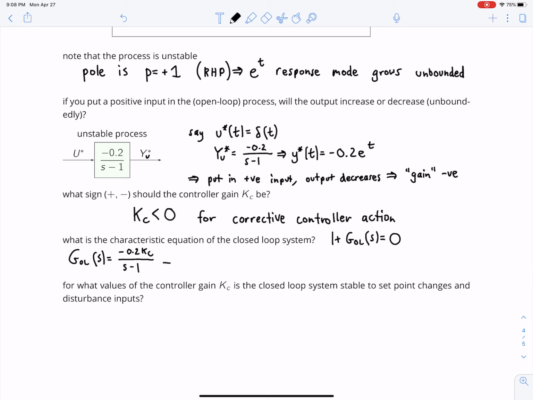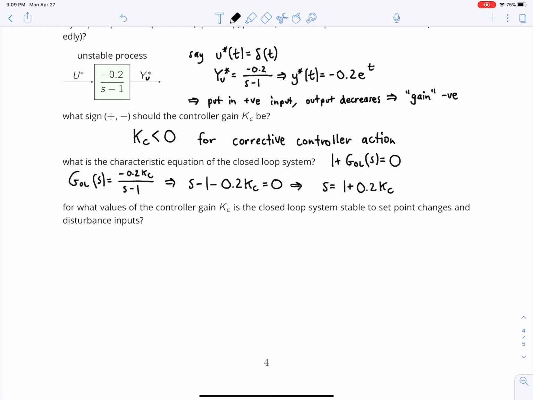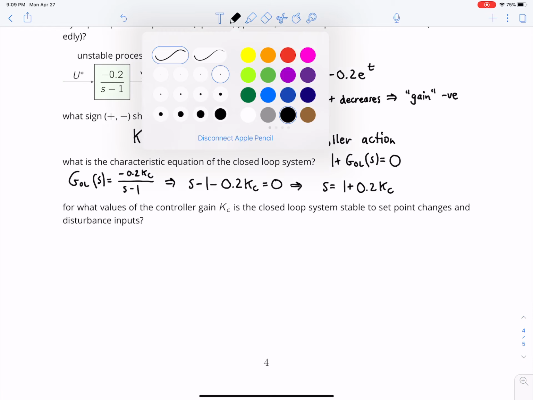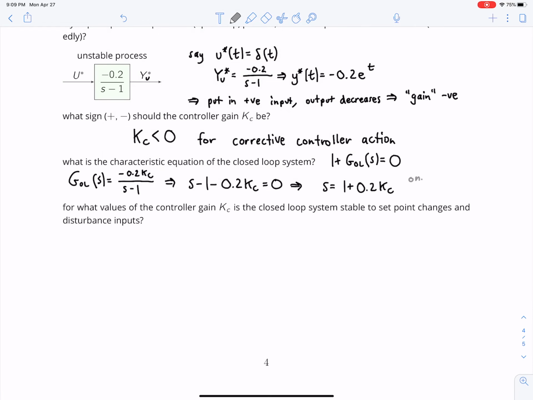That implies that the characteristic equation is s minus 1 minus 0.2 Kc equals 0. And that implies that s equals 1 plus 0.2 Kc is the root of the characteristic equation, the one root.